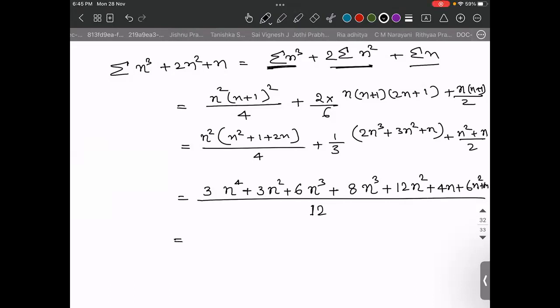Okay, now all the n to the power of 4 terms you write together. So 3n to the power of 4 plus n cube.